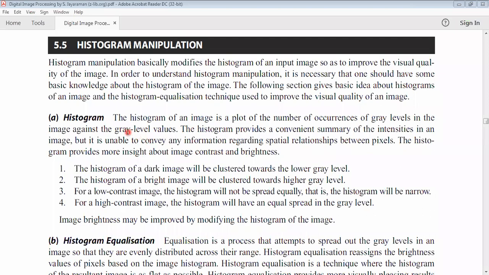You see this histogram statement: the histogram of an image is a plot of the number of occurrences of gray levels in the image. The histogram of an image is a plot, meaning a graph, of the number of occurrences, the probability of occurrence, of gray levels in the image.